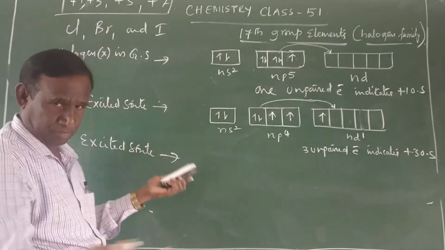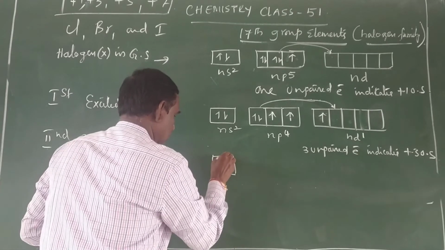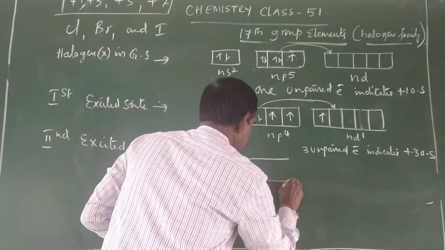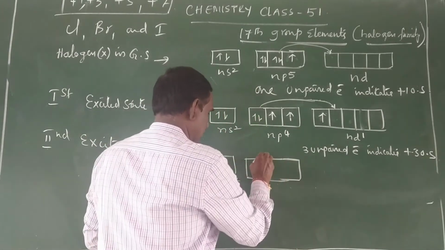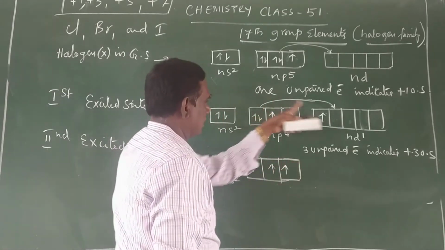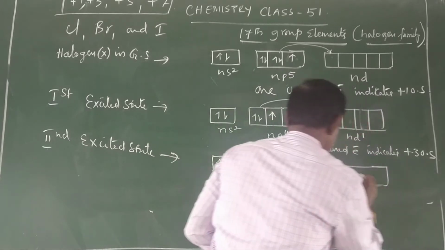Now let me write the same thing again. Here ns2 orbital. In the np orbital, how many electrons are actually present? Only 3, 1, 2, 3. One electron jumps to this position. So we will be getting like this.